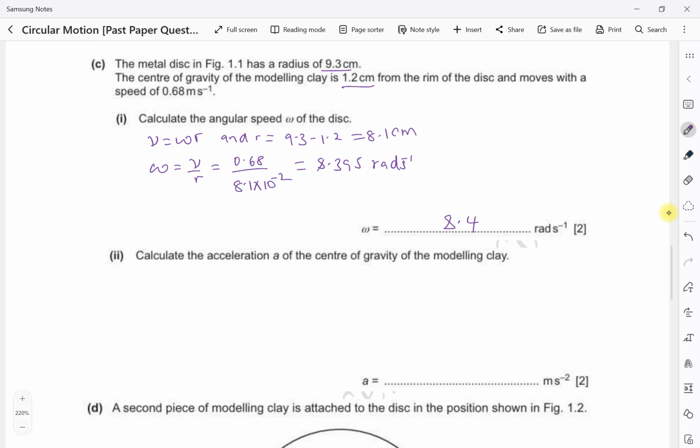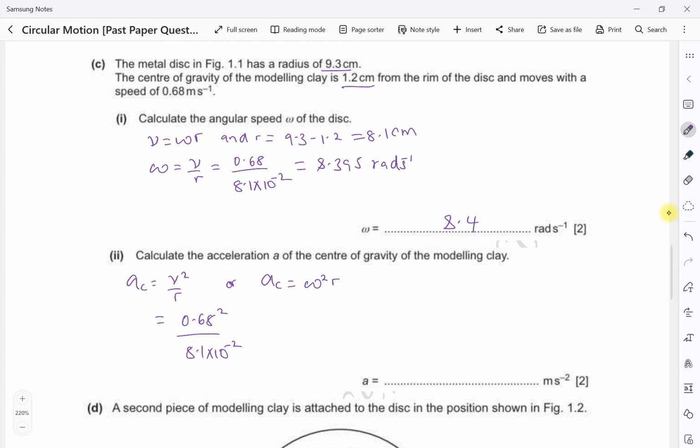Then calculate the acceleration A of the center of gravity of the modeling clay. The acceleration is the centripetal acceleration, which is V squared divided by r, which is 0.68 squared divided by the radius, 8.1 times 10 to the power of minus 2. Or the centripetal acceleration can be got from omega squared times r.